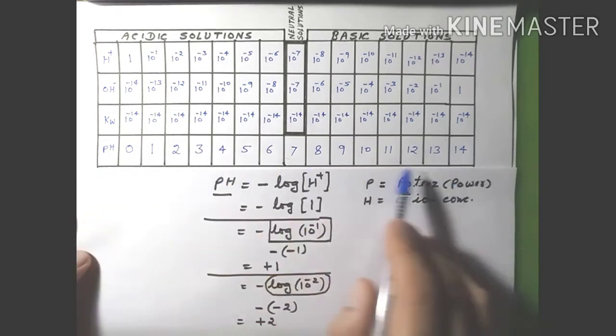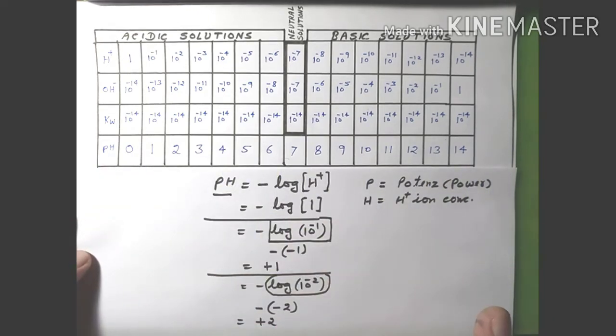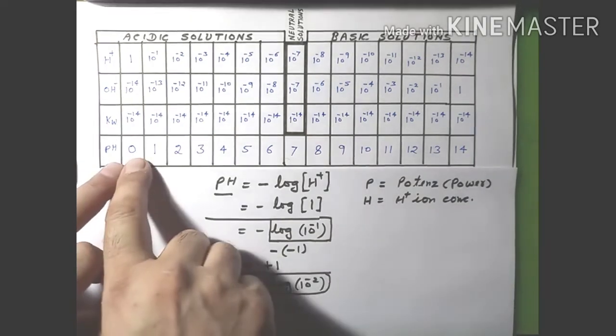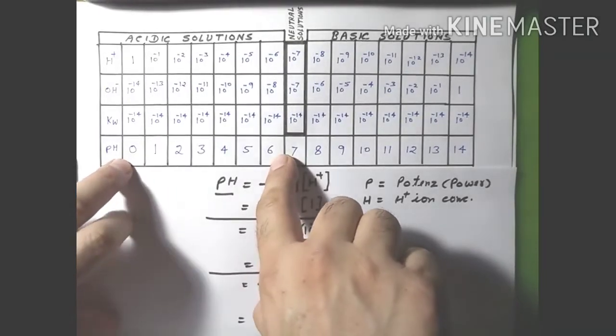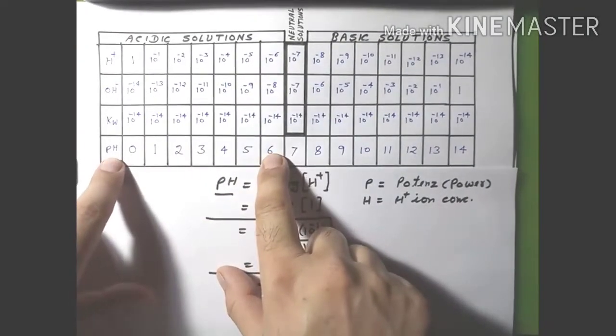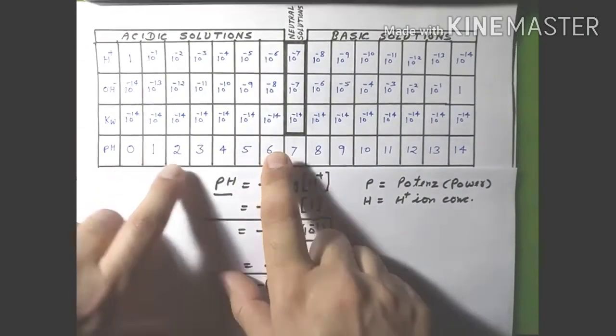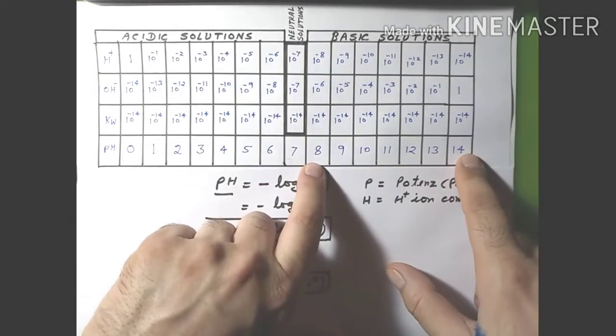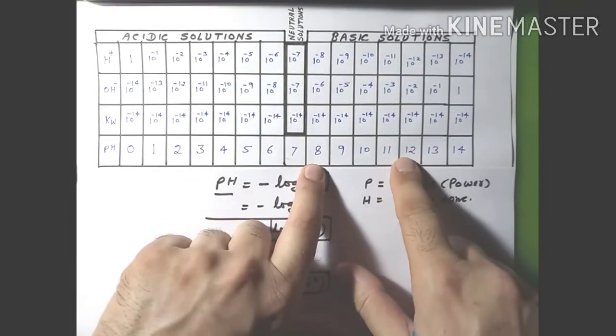Now with the help of this pH scale, very clearly we can tell the strength of acidic and basic solutions. If any solution has a pH range from 0 to 6, the solutions are said to be acidic. The solutions which have a pH range from 8 to 14 are said to be basic solutions.